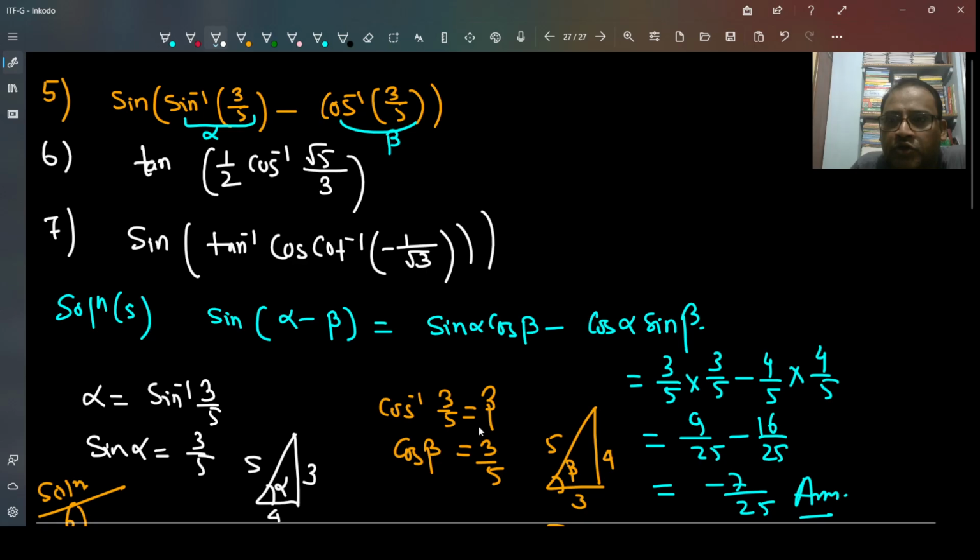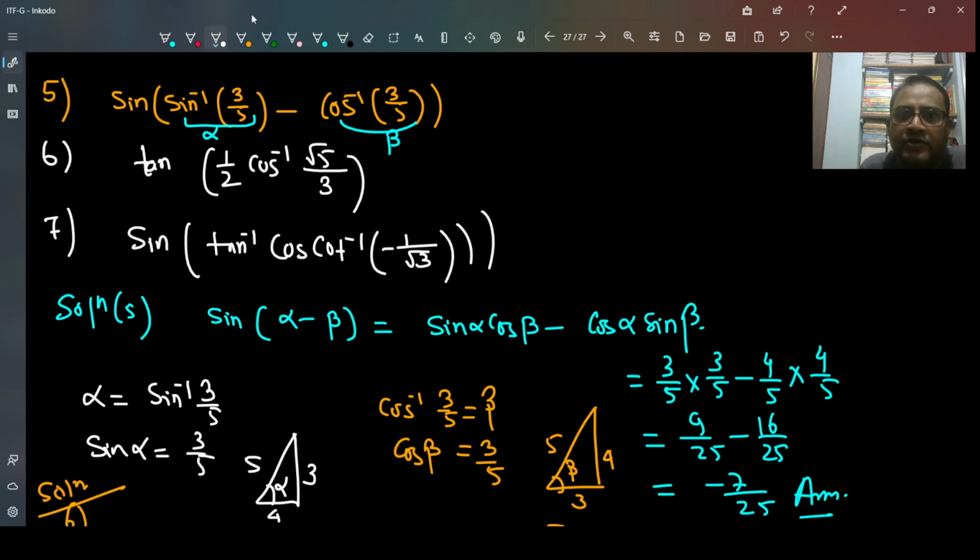Coming to these questions, question number 7. We can solve here question number 7. Cot of some value, so this is nothing but theta. Cot theta is minus 1 by root 3, but for cot inverse the range is 0 to pi. So between 0 to pi, find one angle so that cot theta will be minus 1 by root 3.